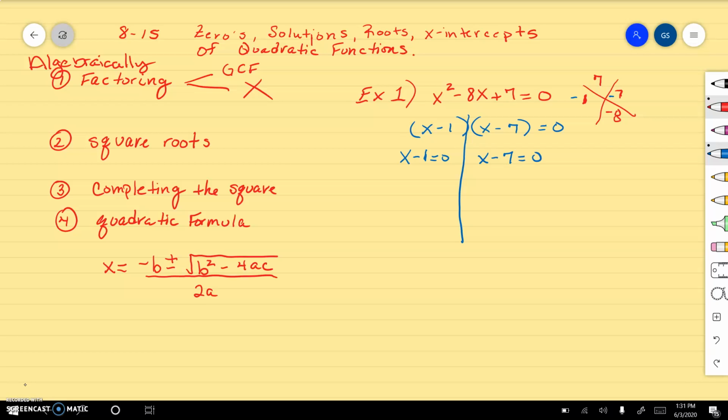Now all we have to do is solve these little equations here. So x equals 1. Here we're going to add 7 to both sides to get x alone, and x equals 7. Okay, so those are called solutions.